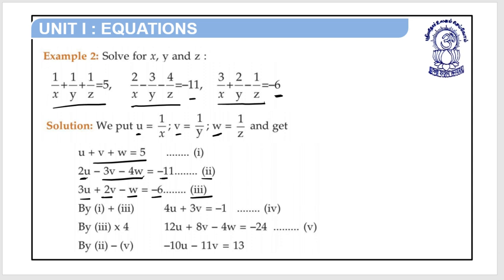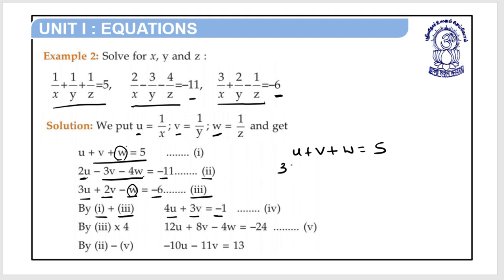By adding 1 and 3, we can eliminate the w. So 4u plus 3v is equal to minus 1. How do we get it? u plus v plus w is equal to 5.